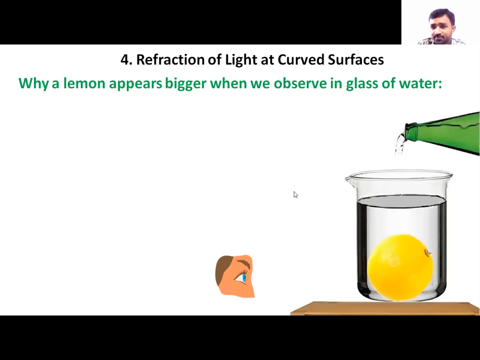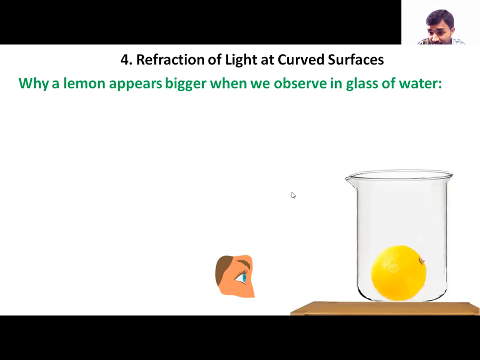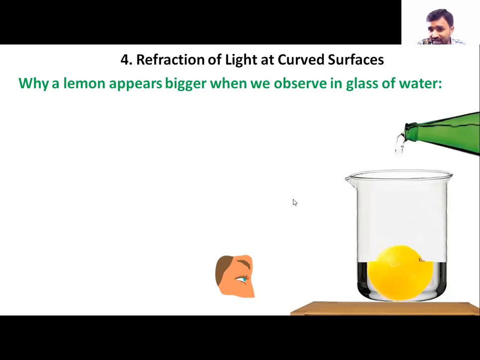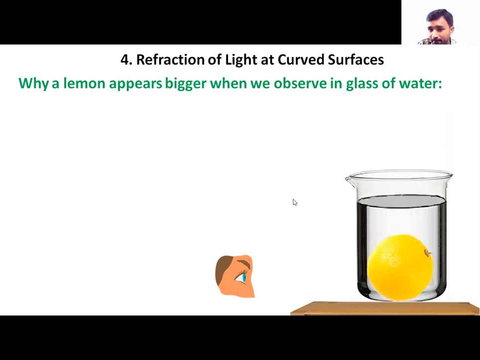See clearly. When I add water, observe the lemon on the screen in the glass. What happened to the lemon dropped in the empty glass? So here now I am adding water. Look at the size of the lemon. What happened?